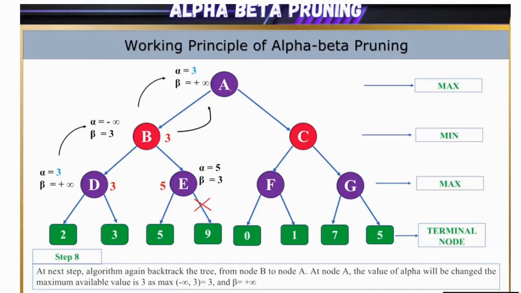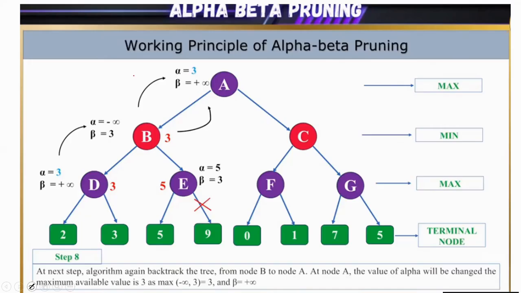Now step number 8, backtracking from node B to node A. Here what I want is the maximum alpha value, right? So here alpha is 3. The value will be changed to the maximum available value. You don't think like this value is passed here.